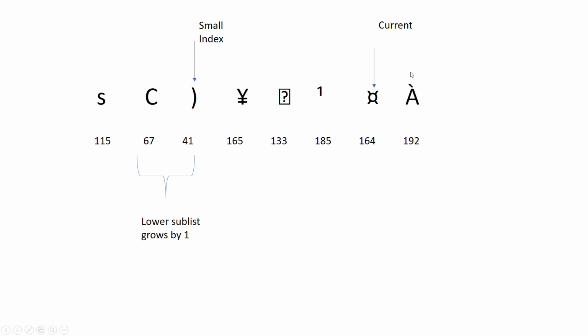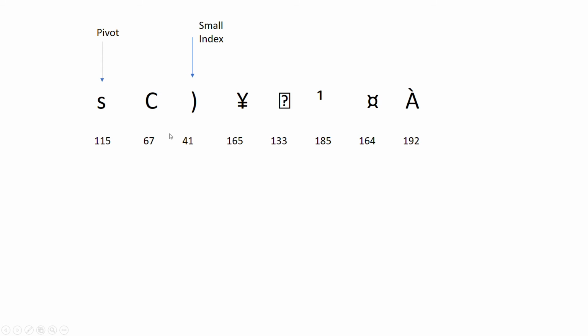Because current's at the end of the list, I'm done with comparisons. So what I would do is swap my pivot with the last element pointed to by small index. Here I have pivot pointing at 115. I'd swap it with small index. Now my lower sublist is sorted.